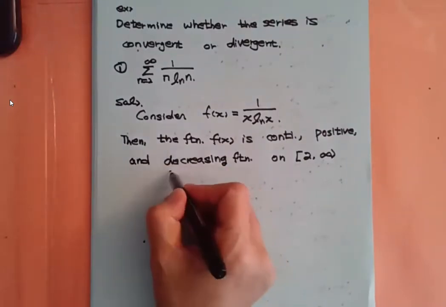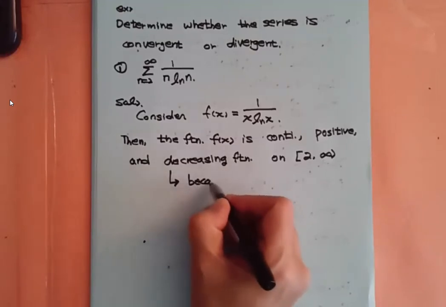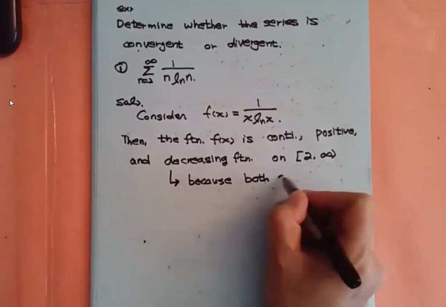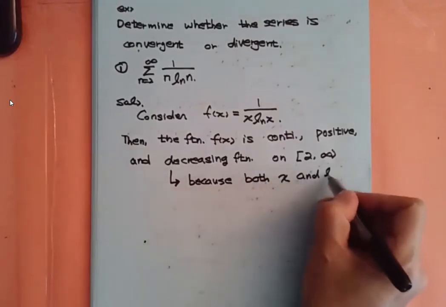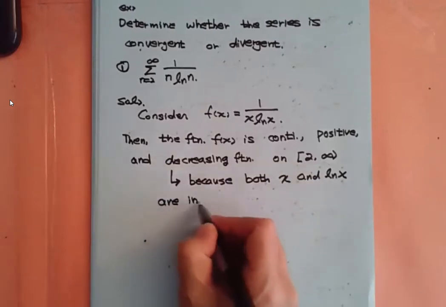So why is this a decreasing function? That is because both x and natural log of x are increasing.